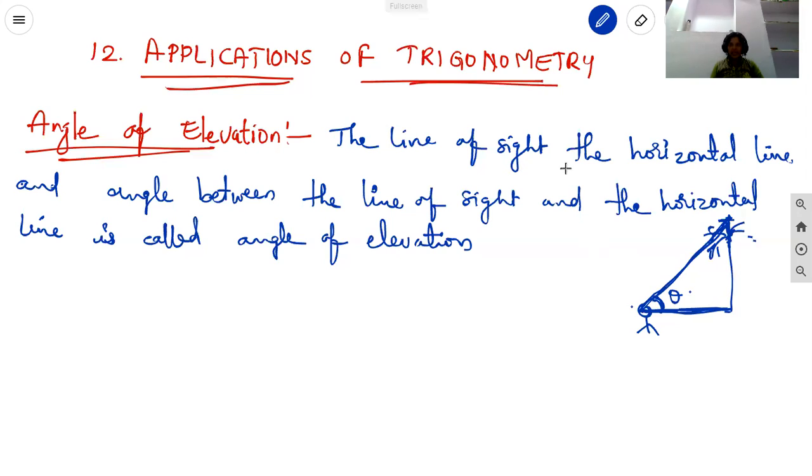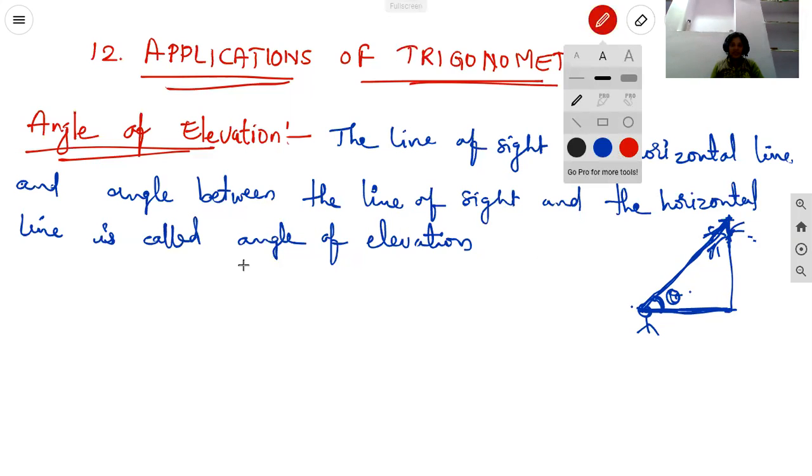The angle between the line of sight and the horizontal line is called the angle of elevation.